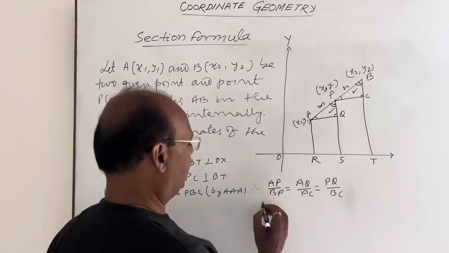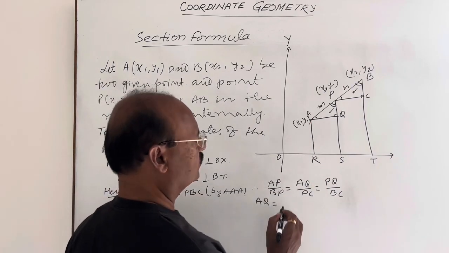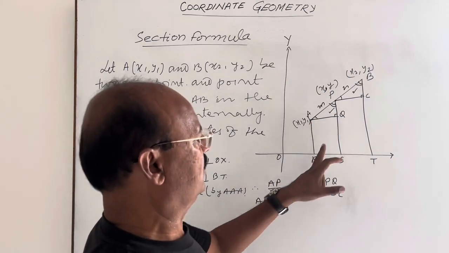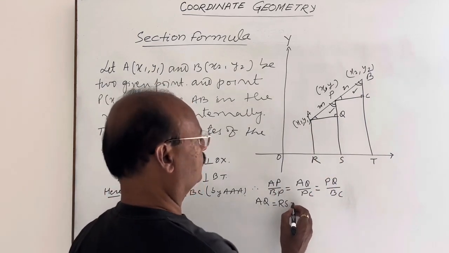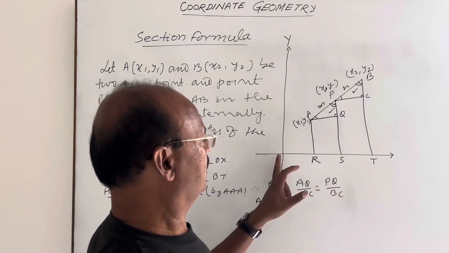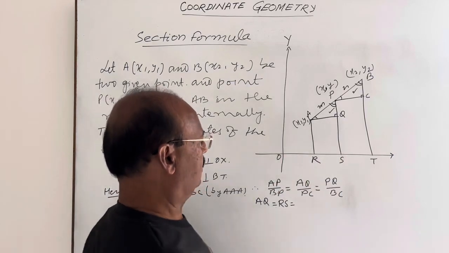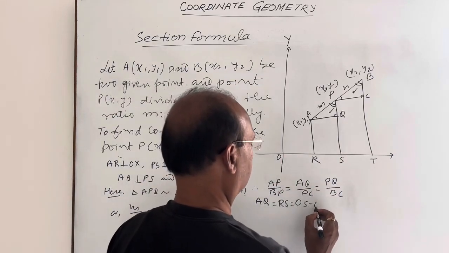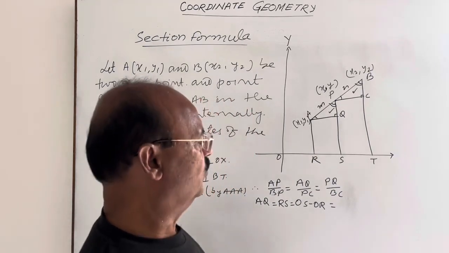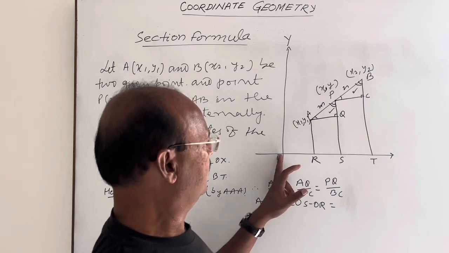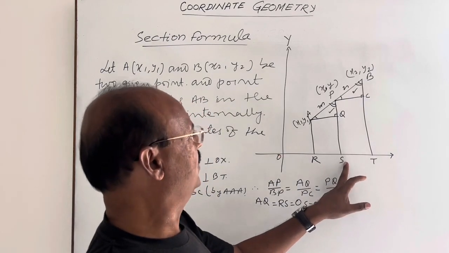What will be AQ here? AQ is equal to opposite sides of the rectangle RS, and RS is equal to OS minus OR, and in the topic of coordinates of point we have discussed that OS is how much?